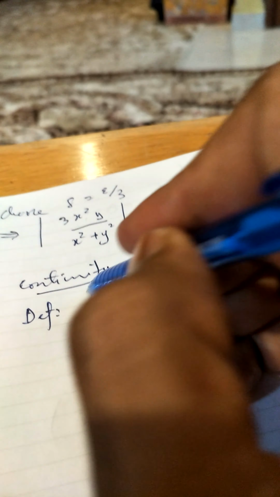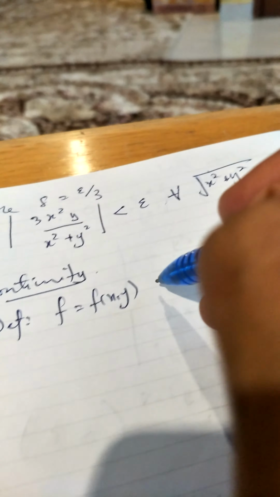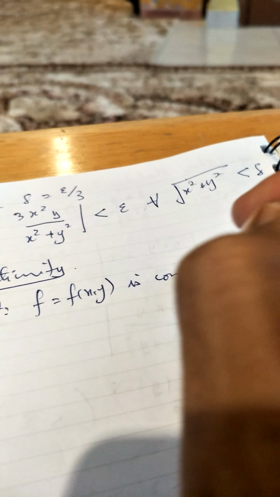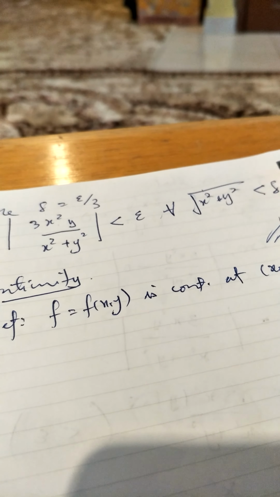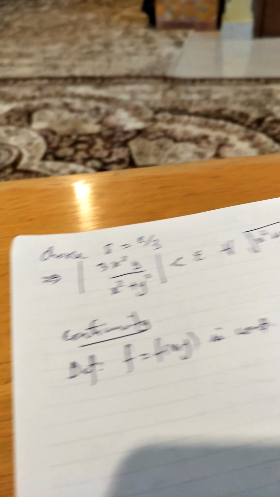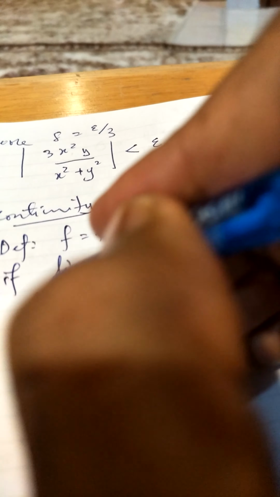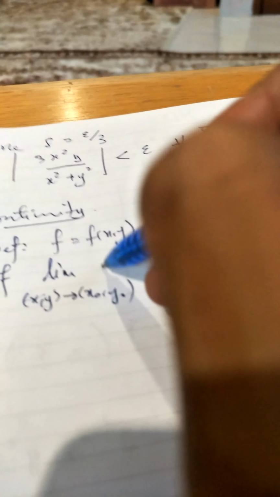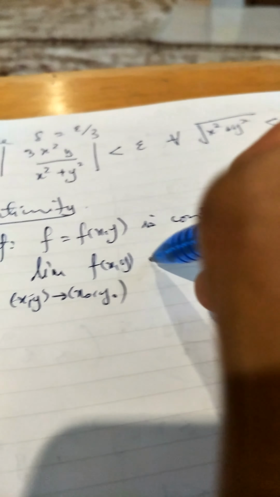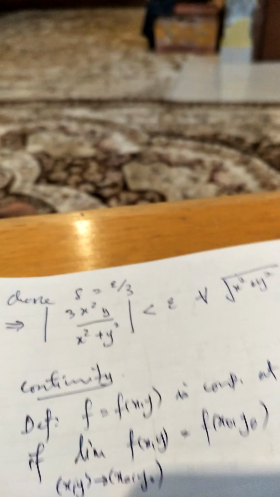We say a function f(x, y) is continuous at point (x0, y0) if the limit of that function as (x, y) approaches (x0, y0) is equal to f(x0, y0).